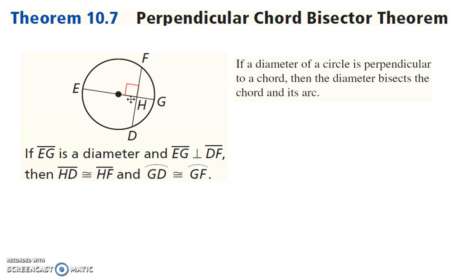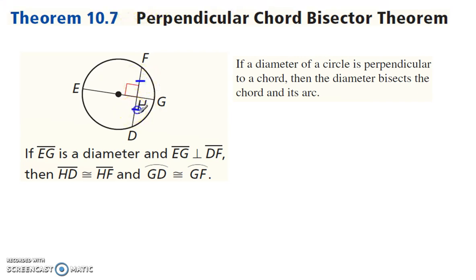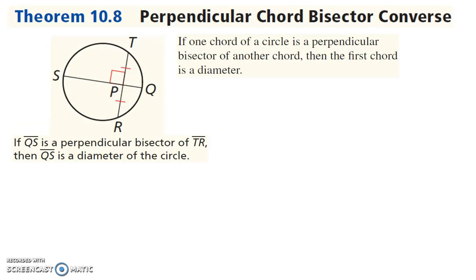So this segment up here, F to H, is congruent to this one. So the diameter is a perpendicular bisector of FD. And the same way the other way around, the converse: if it is a perpendicular bisector, then that has to be the diameter. So if this segment is congruent to this one, and we have a right angle, then this SQ must be the diameter.